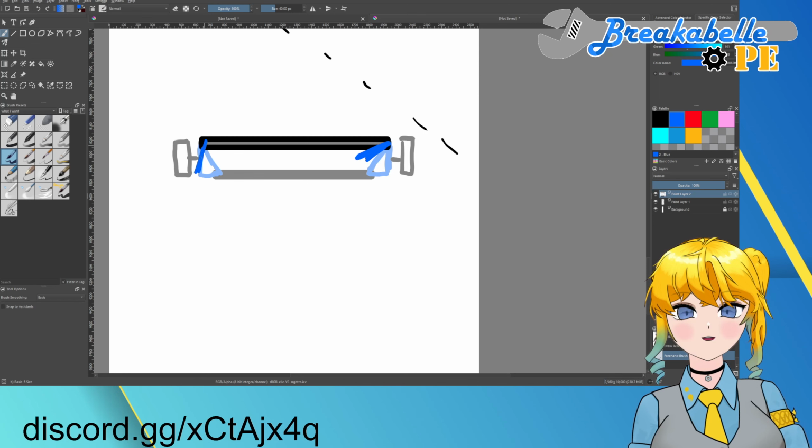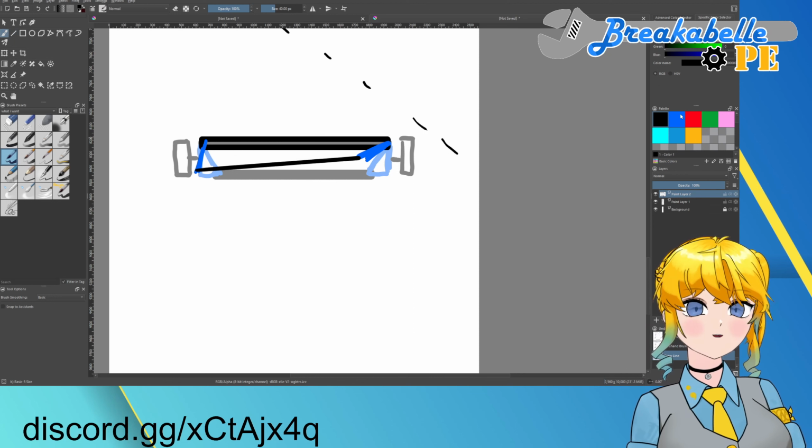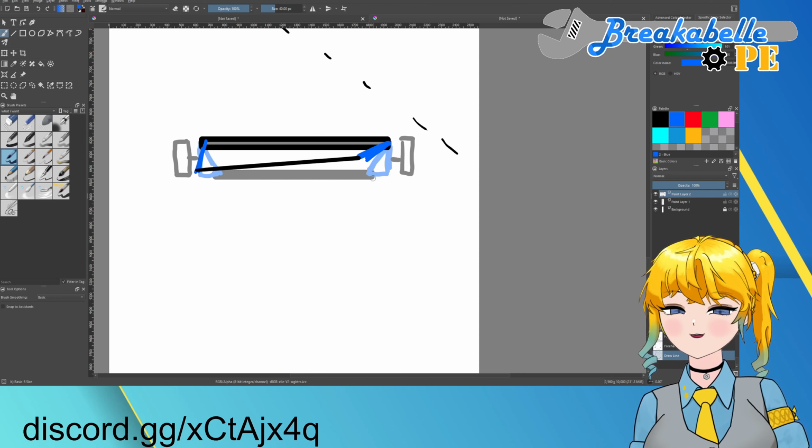That comes like this. And we have our black line for the bottom part of the linkage. And we should finish these off by recreating the triangles that adjust, right?